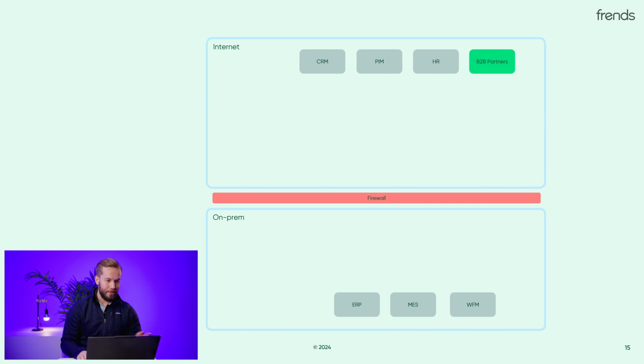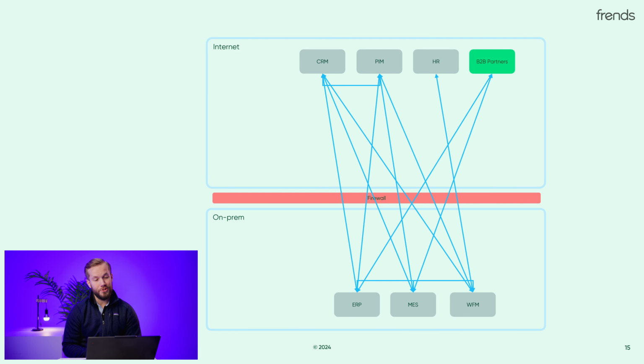And we could now have point-to-point integrations here, which would look something like this. So it's a spaghetti integration landscape, and it would be a mess even for the B2B partners to consume this business's services. For instance, putting out orders when there's no APIs, that's very hard and of course very costly.